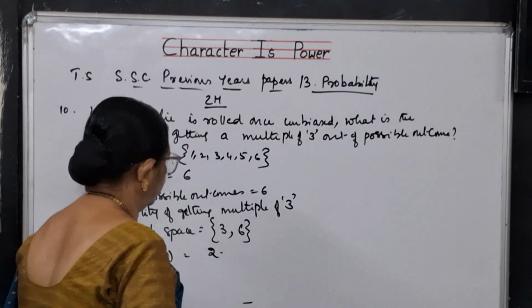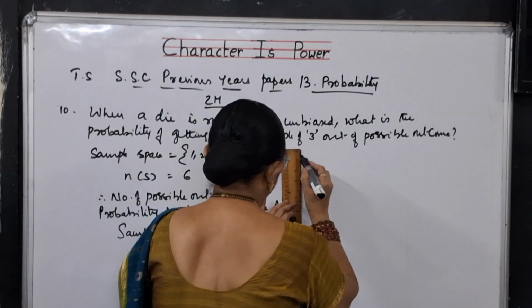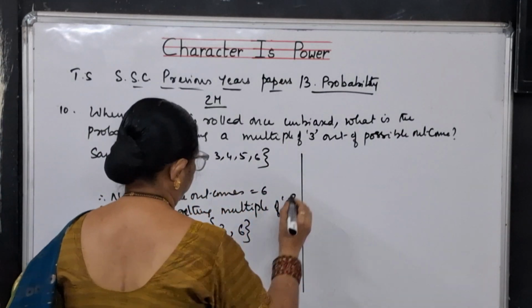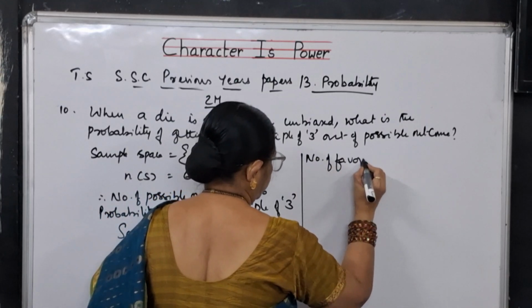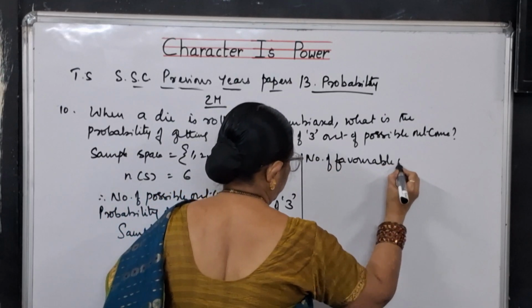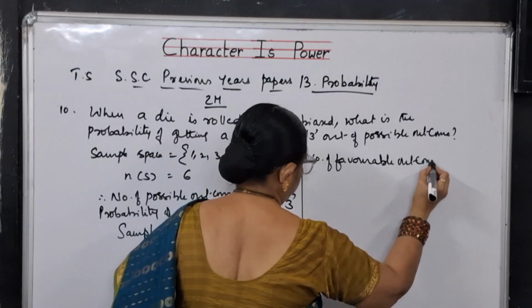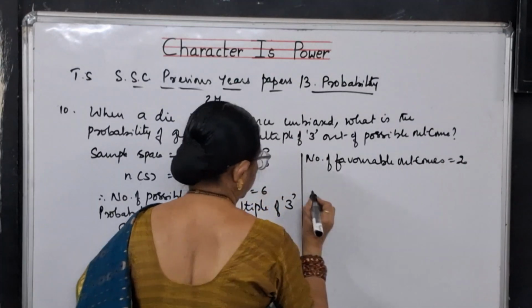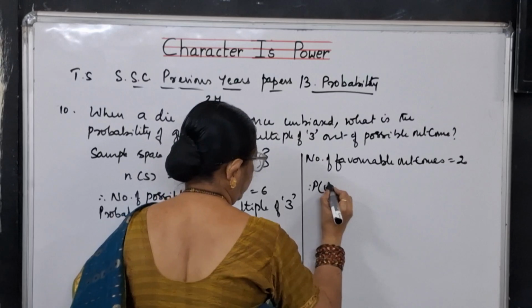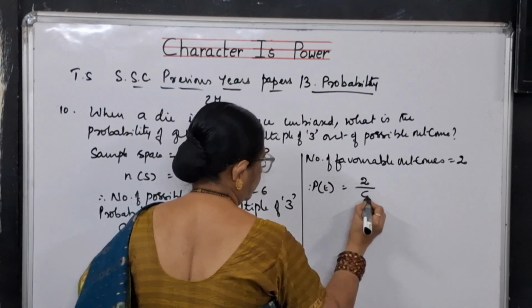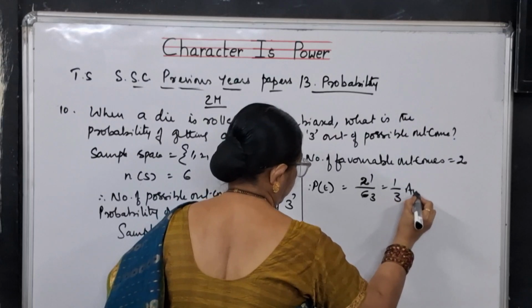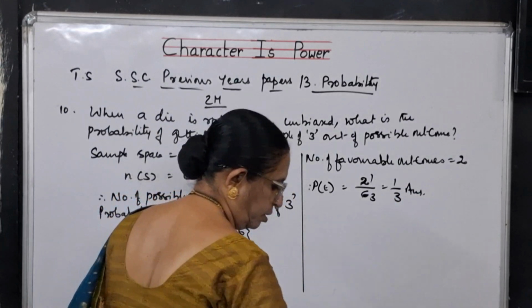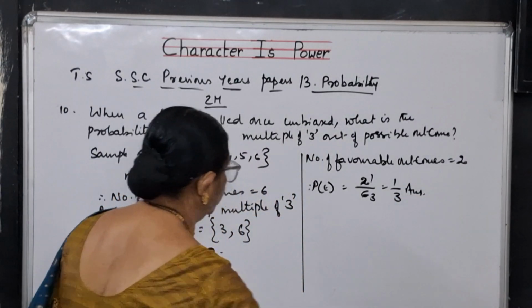So the number of favorable outcomes is equal to 2. Therefore, P of E is equal to 2 by 6, that is 1 by 3 is the answer, children. Please copy it.